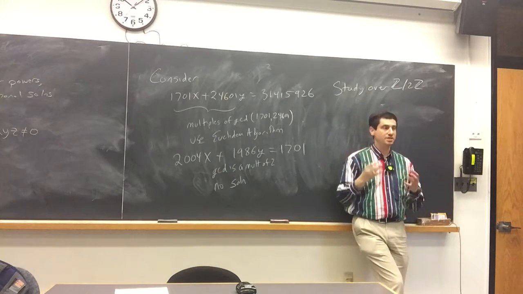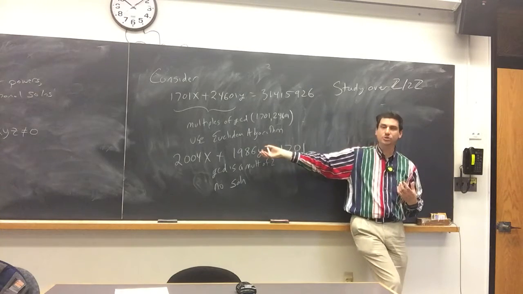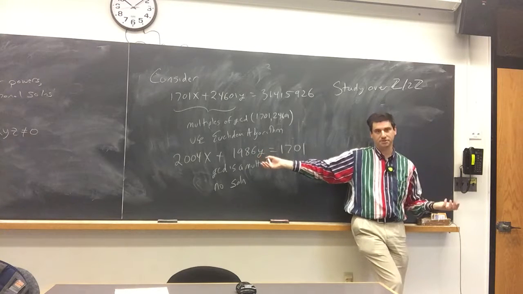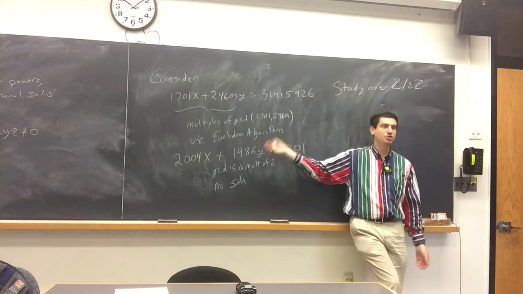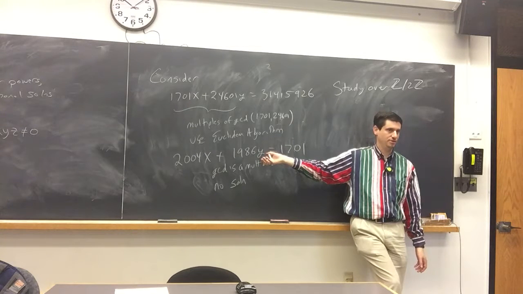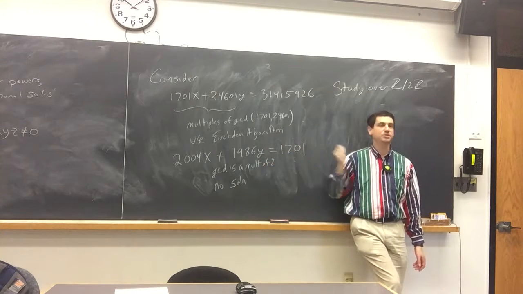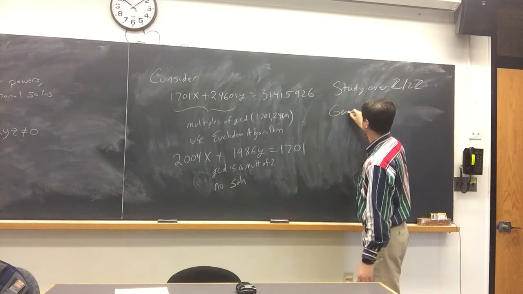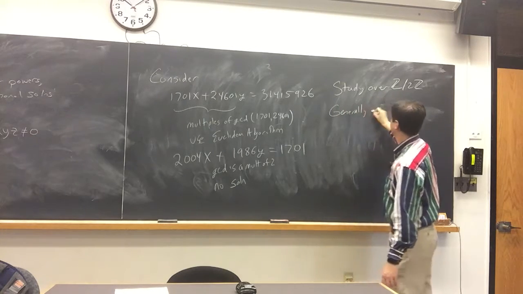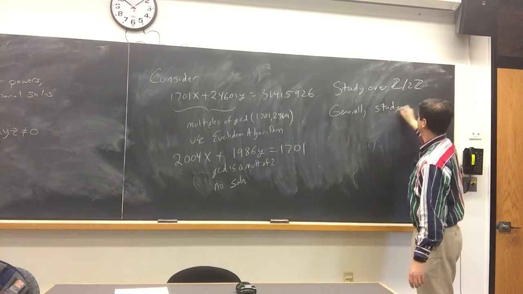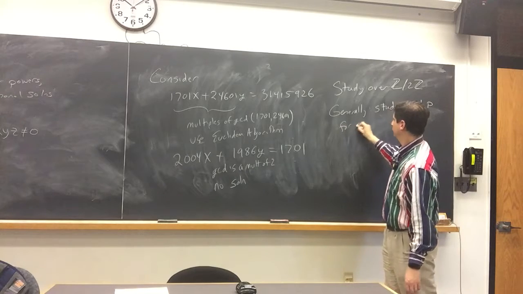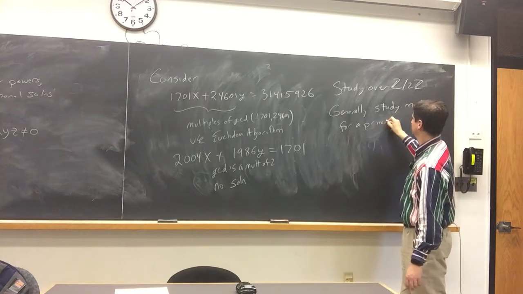If there's an integer solution, will there be a solution when we reduce both sides mod 2? Yes. If there's no solution, then there can't be a solution over the integers. So more generally, study mod p for a prime p.